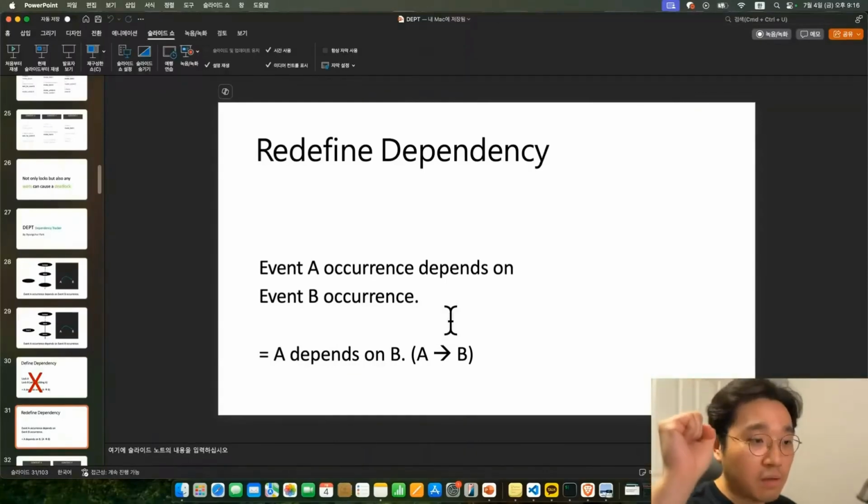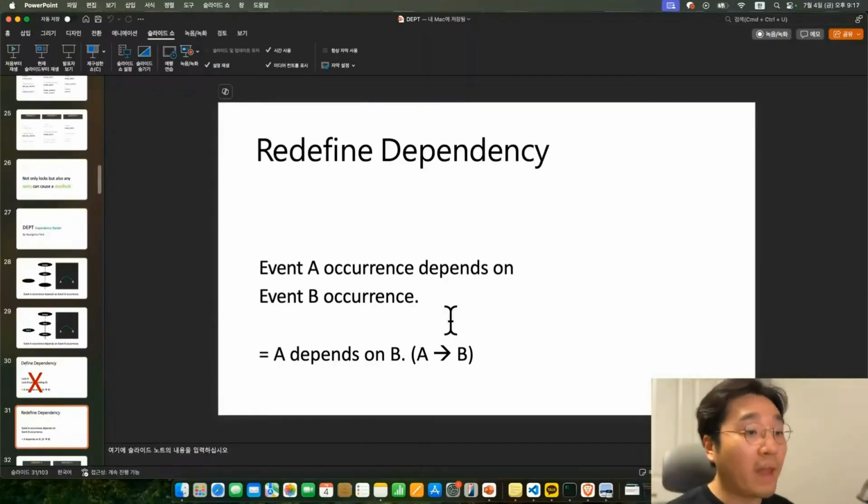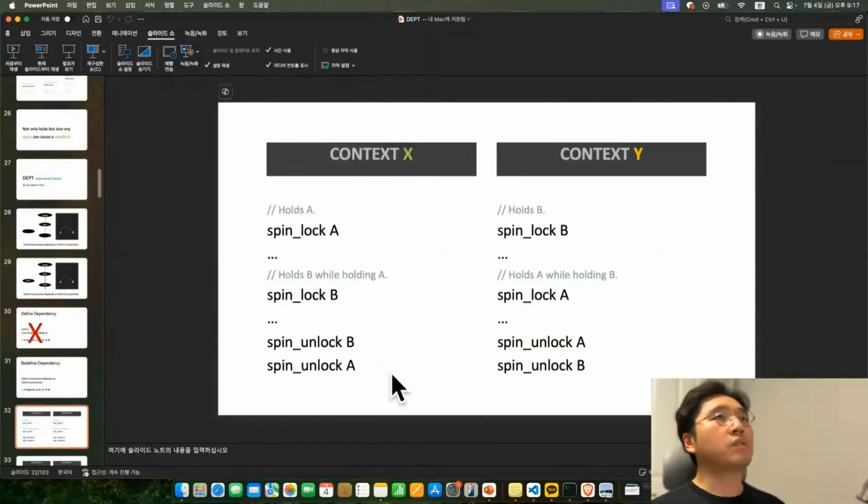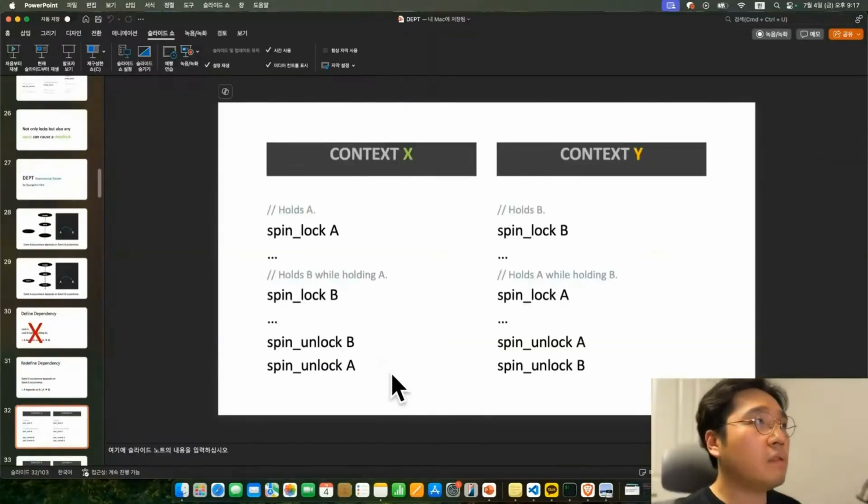This is the situation of waiting, right? So event A's occurrence depends on B. We draw the dependency graph from A to B. A depends on B, right? So this is the first situation that we previously saw.